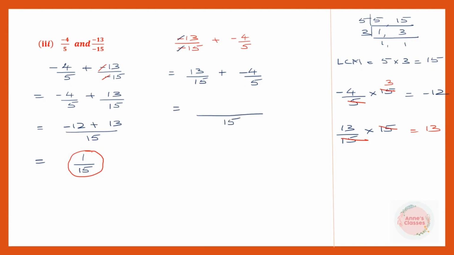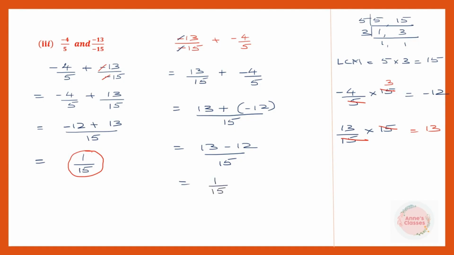Now take the first rational number 13 by 15 and multiply it by this. We've done that. We've taken the first rational number, multiplied it by the LCM, and we get 13. So let's write 13 there, plus take the second rational number, that is minus 4 by 5, and multiply it with the LCM 15. This gets cancelled and what you have is minus 12. So let's write that, 13 plus minus 12. Now this becomes 13 minus 12 by 15. 13 minus 12 is 1, 1 by 15.